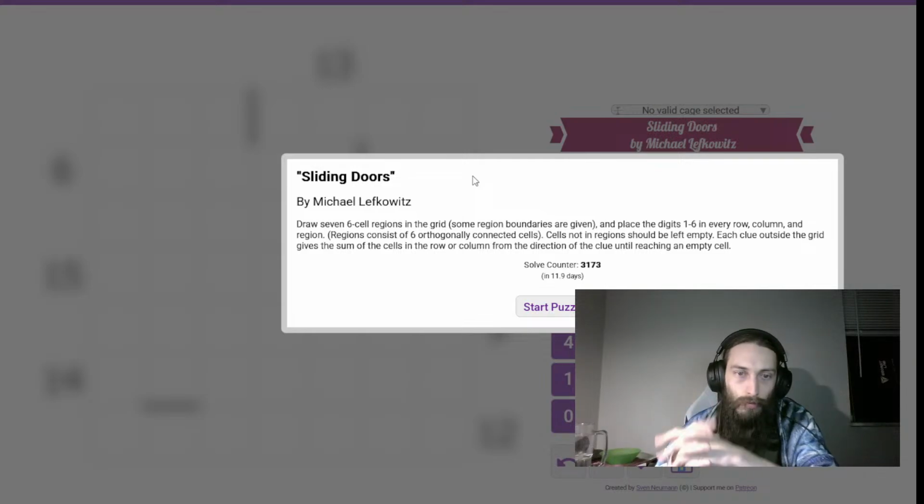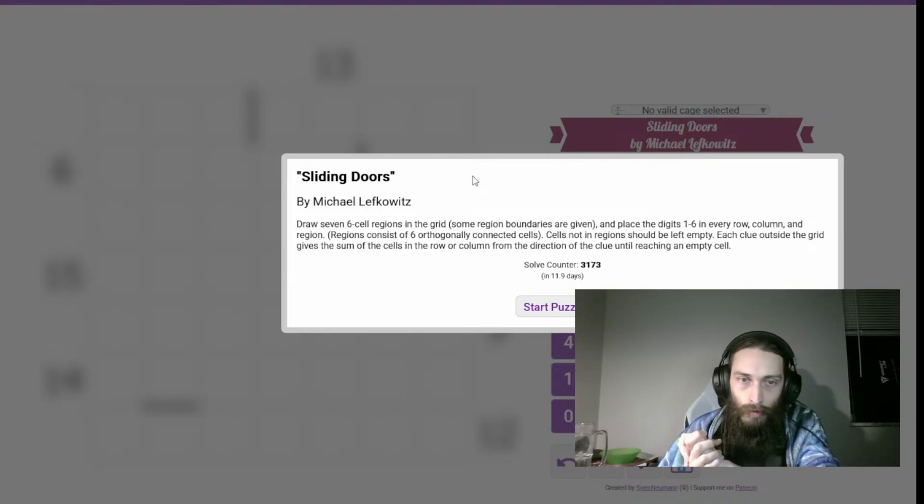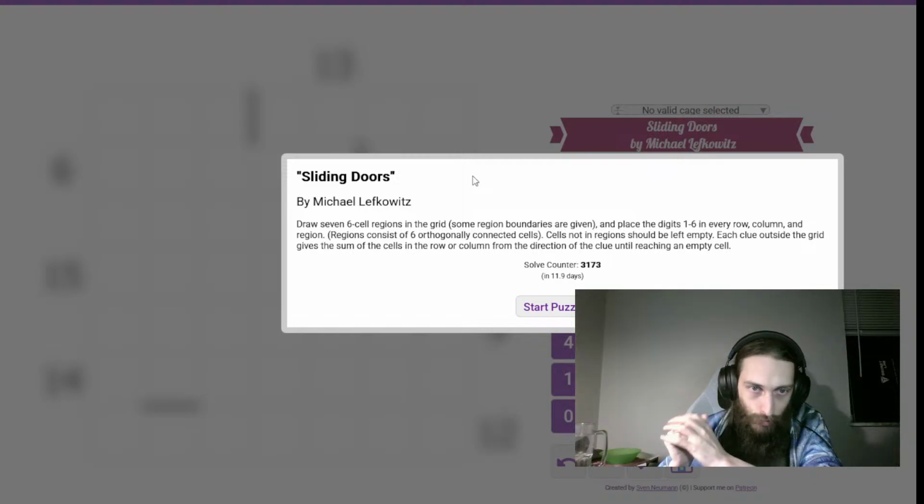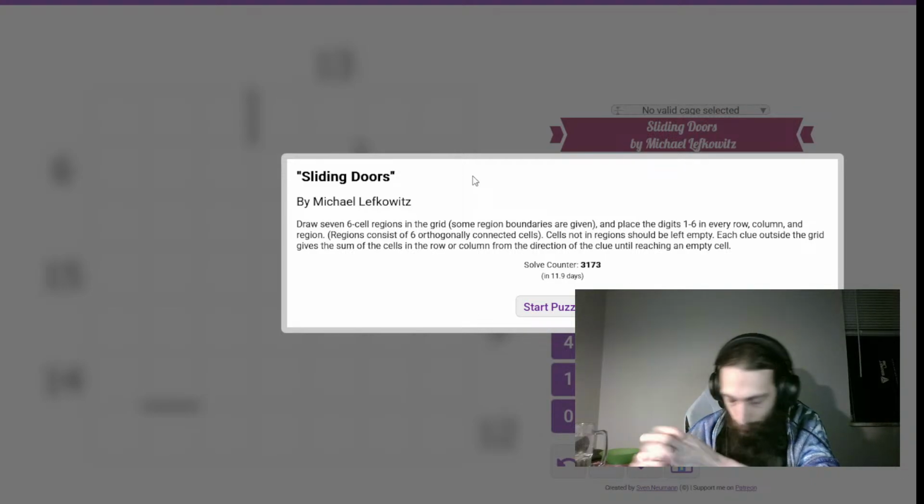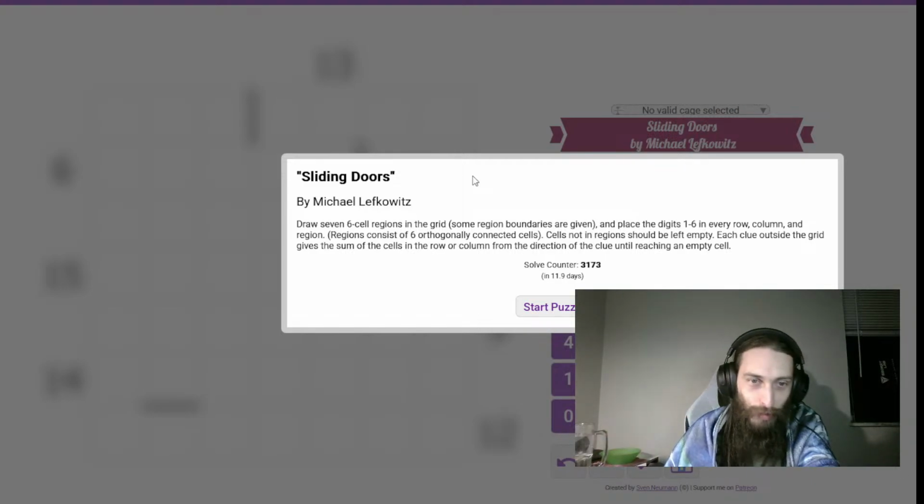Draw 7 6-cell regions in the grid. Some region boundaries are given. Sliding Doors by Michael Lefkowitz. Draw 7 6-cell regions in the grid.